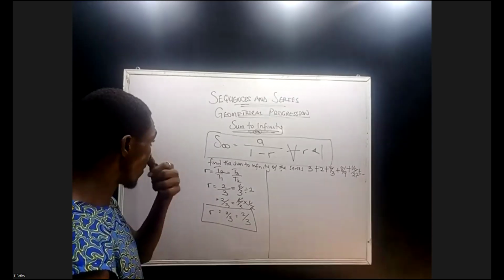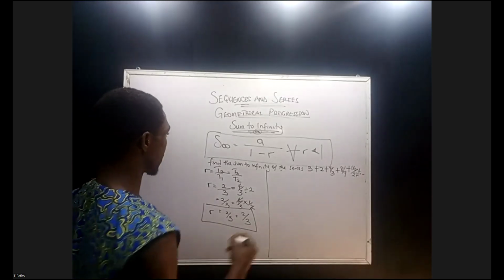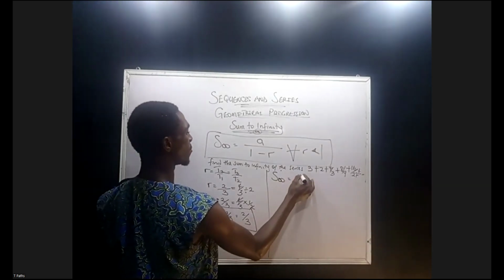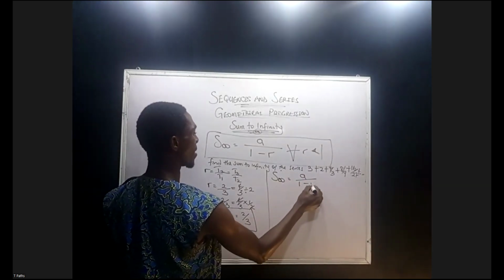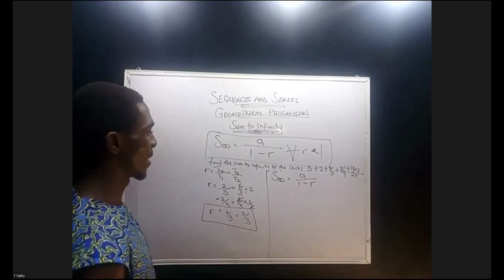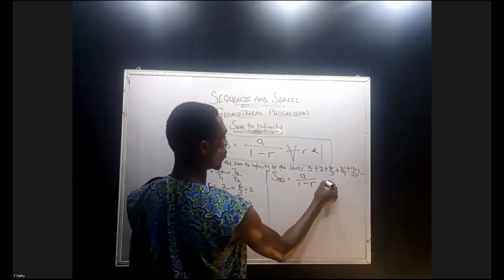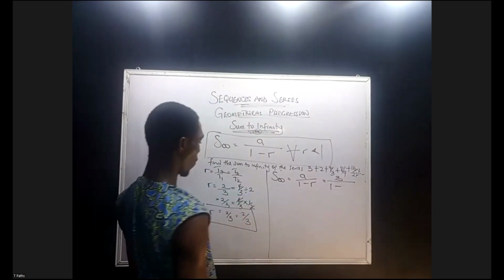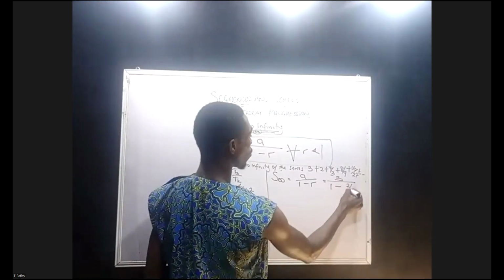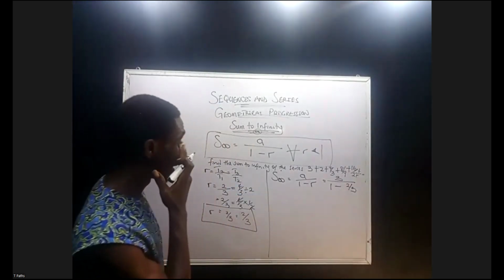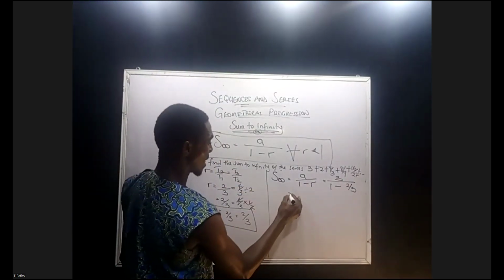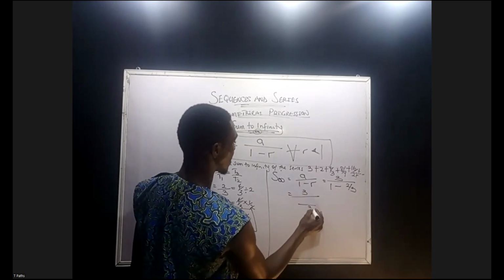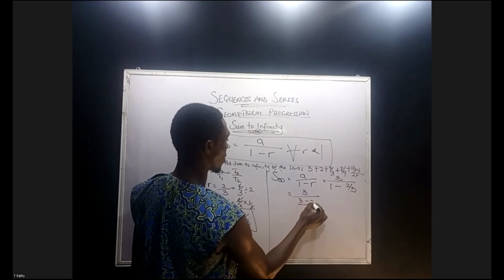Now, sum to infinity says that S infinity equals A over 1 minus R. Now, what is the value of our A? 3 divided by 1 minus what's our R? 2 over 3. Now, sum to infinity says 3 divided by, LCM there is 3, so I have 3 minus 2.